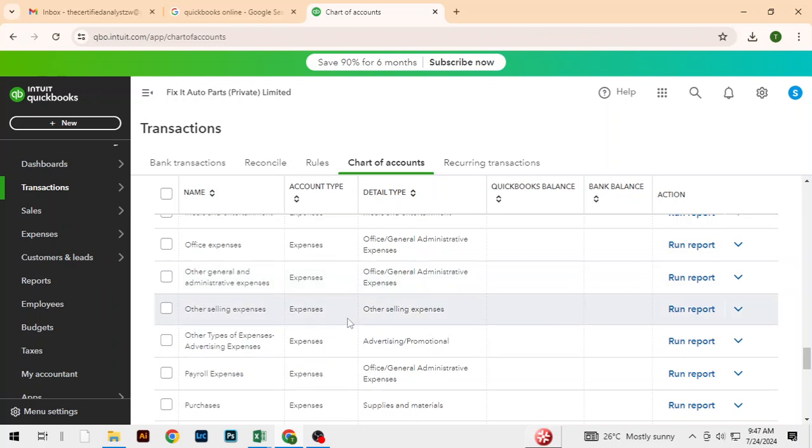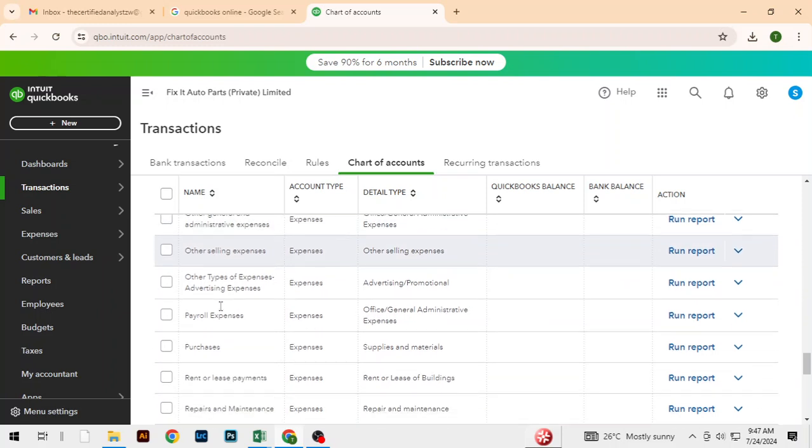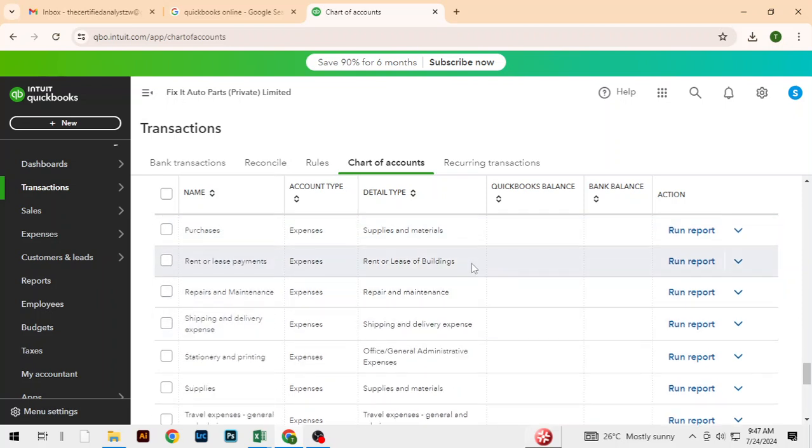Other selling expenses, obviously. And then payroll expenses, you can use this one to account for that. Purchases, you can use this account as well, same as cost of sales, still okay. Then rent or lease expenses. So if you're paying rentals, you have to account for that expense using this account. Repairs and maintenance on your property, plant and equipment, you can also use this account.